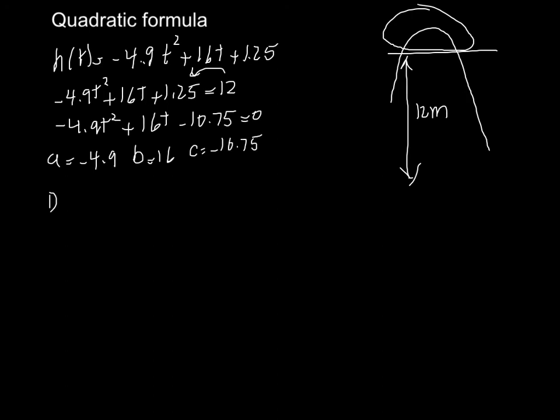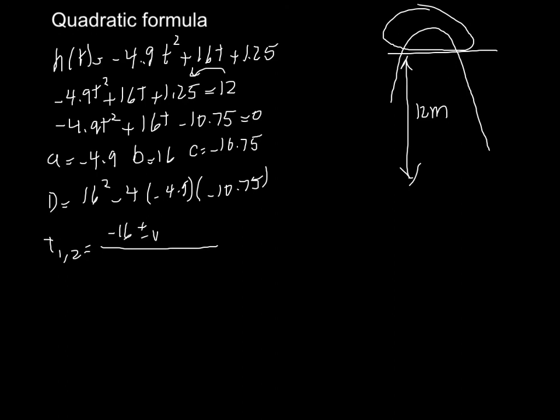Our d is b squared, which is 16 squared, minus 4 times negative 4.9 times c, which is negative 10.75. So our t1 and 2 is negative b, negative 16, plus or minus square root of d.